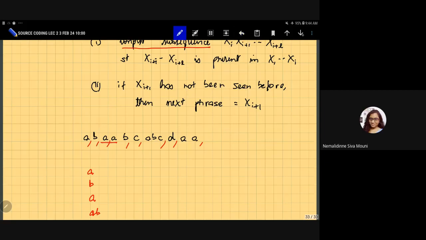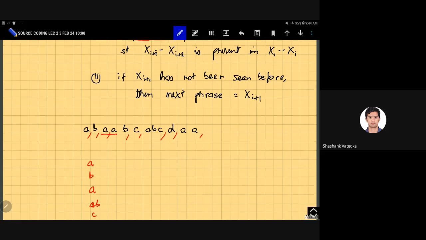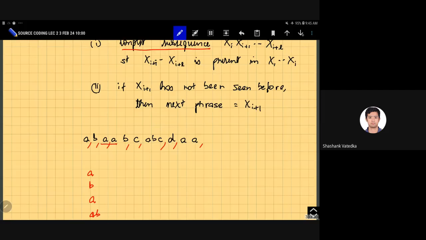But on the other hand, let's say I'm at this point. ABC is the longest match which I can find in this region over here, because ABC matches with this. Any other questions?